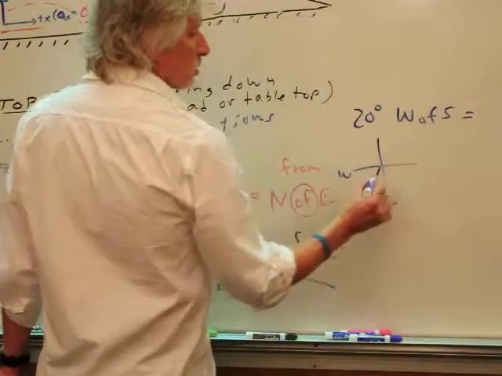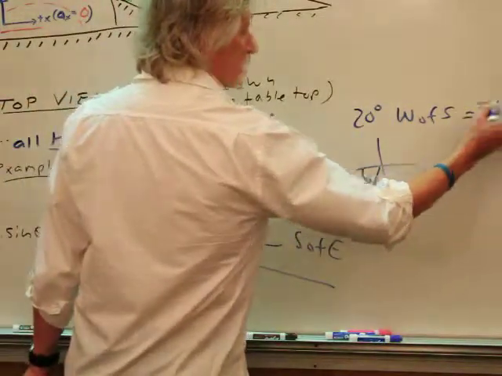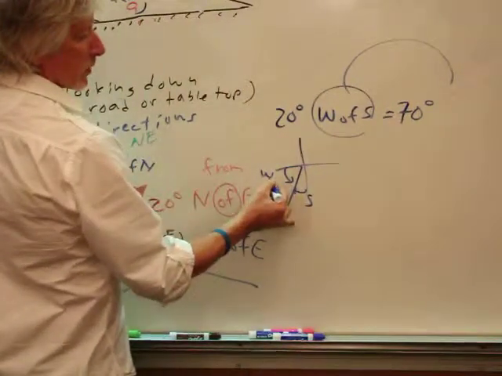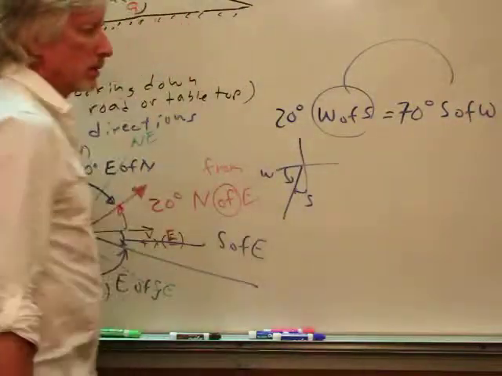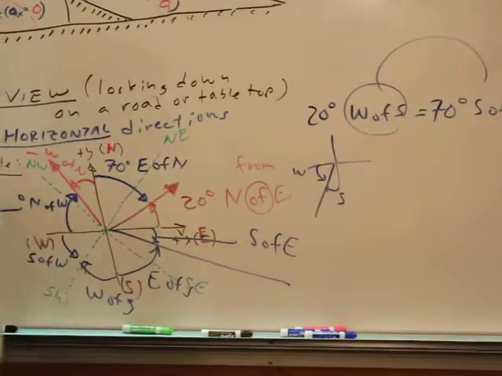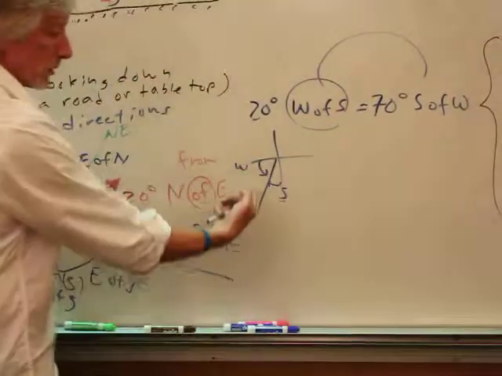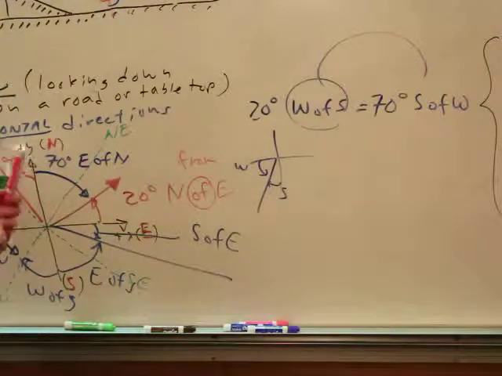That's equivalent to the complementary angle, 70 degrees, and I just flip these, going south of west. Whatever. 20 degrees west of south is the same as 70 degrees south of west. You can see it. A little bit of a brain twister, get used to it, it's fine.